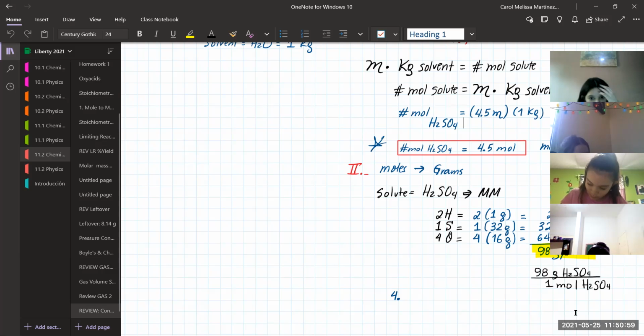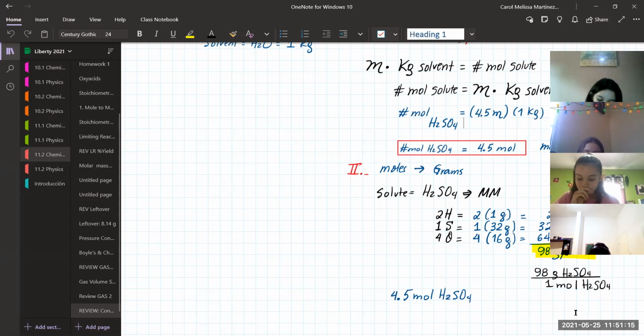So we say 4.5 moles of sulfuric acid, and now we multiply times my molar mass as a conversion factor. In what position do I have to write the number of moles? Up or down? Down. The moles are going to be down.